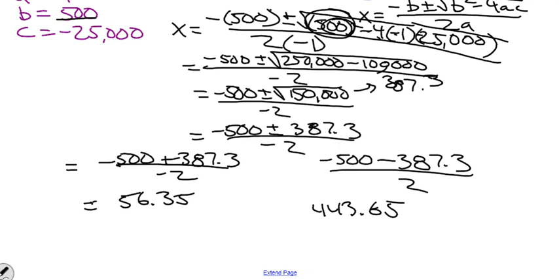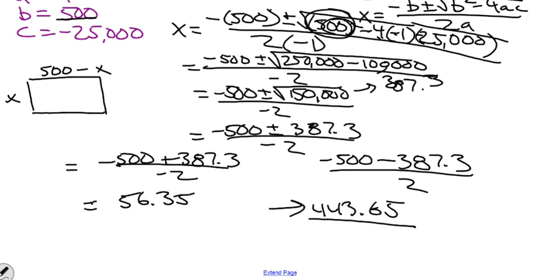All right, and so you're probably thinking, well, there's two answers. How do we know which one is right? Well, the thing is, we solved for x, right? And if you remember the drawing, we had x and we had 500 minus x. So if we solve for x, and x is this, well, we have 1,000 feet of fencing total. If you add this together, that's going to give you 880 some feet of fencing just for the widths, which is only going to leave a little over 100 for this.